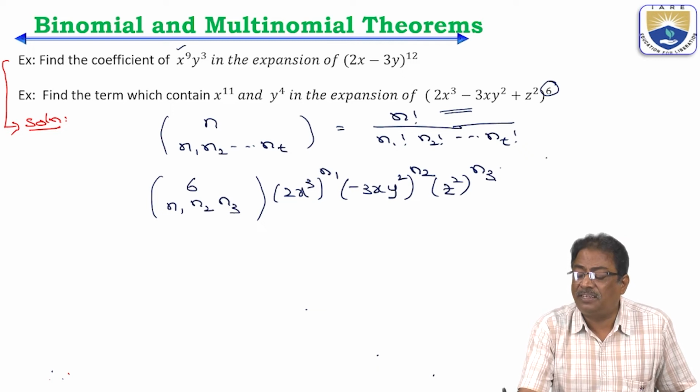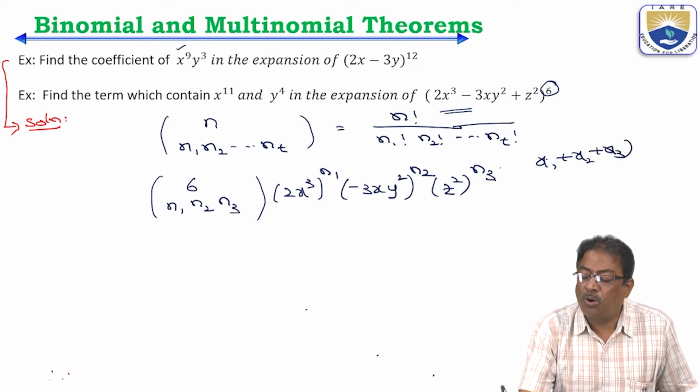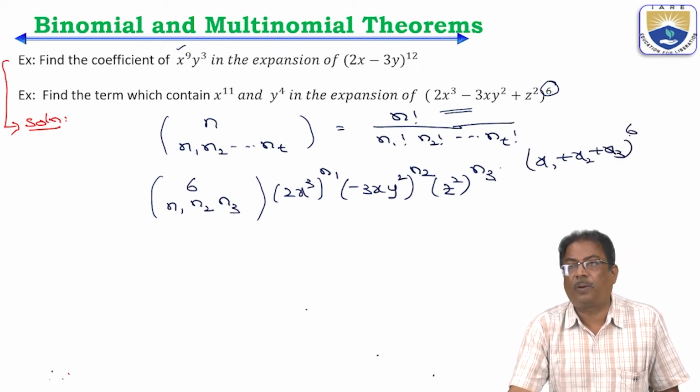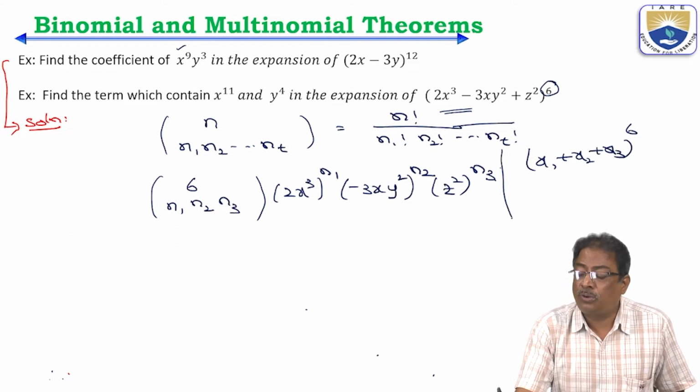This is of the form (x1 plus x2 plus x3) to the power of 6. While considering this, we are going to consider the coefficient of x1 to the power of n1, x2 to the power of n2, x3 to the power of n3.